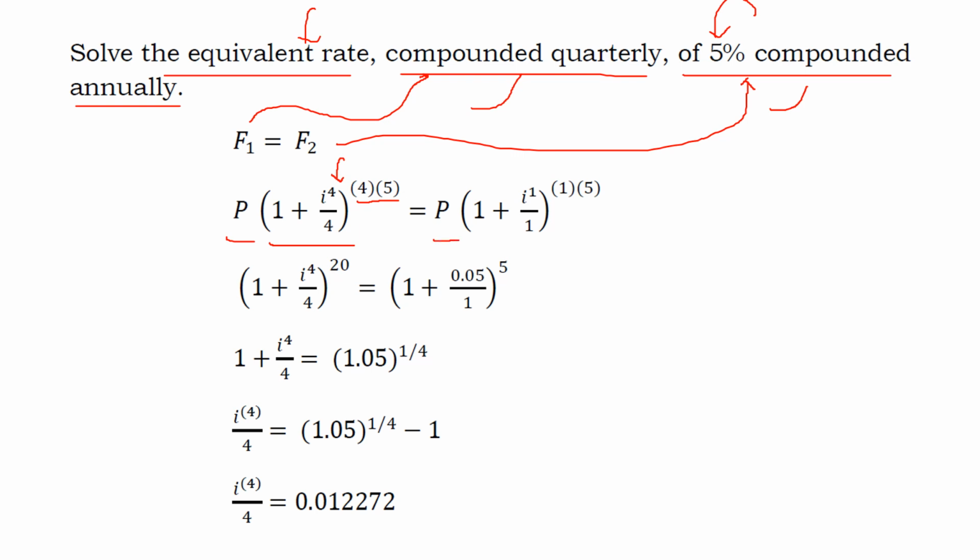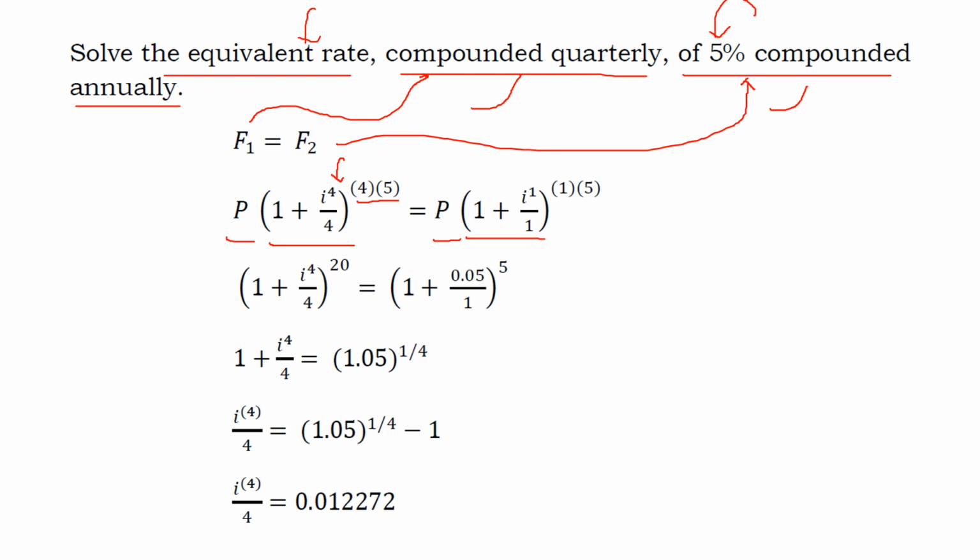Here, we multiply P by 1 plus i raised to 1. Why is that? It is 1 because it is compounded annually, or per year, or per annum. That's why it's 1. So there is only 1 in a year.